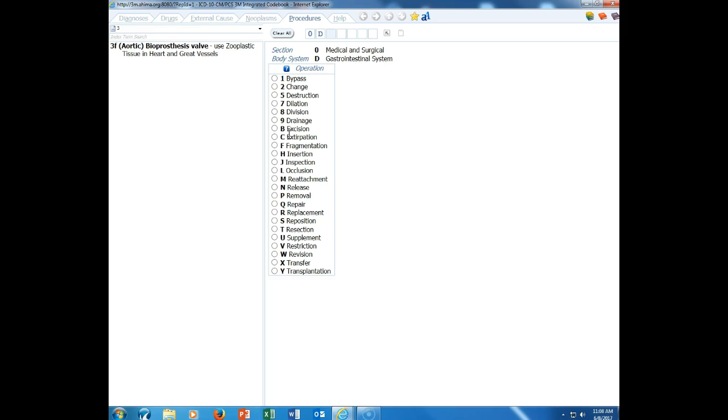I want you to look on page 99. Root operations that always involve a device. You can only use these if in fact the procedure is using a device that meets the definition of device, which we will talk about in a minute. On your test, it's actually matching, and the test is broken down into these divisions, similar to your textbook.